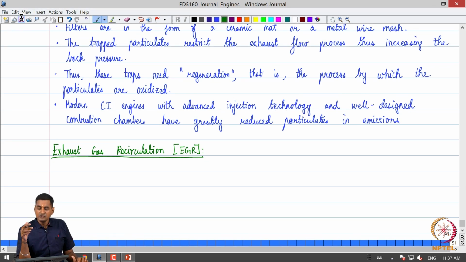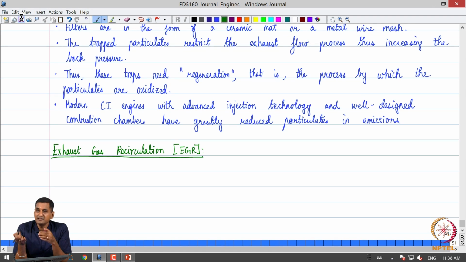Exhaust gas recirculation typically is a process by which the amount of NOx is reduced by mixing the exhaust gases with the fresh fuel air mixture burnt in the cylinder. Now, why would anyone want to do that? At first glance, why would we want to mix burnt gases with fresh fuel air mixture? That is going to reduce the combustion efficiency, is it not?